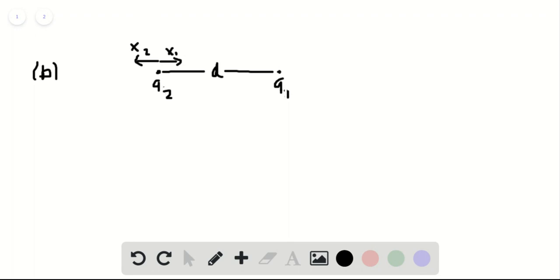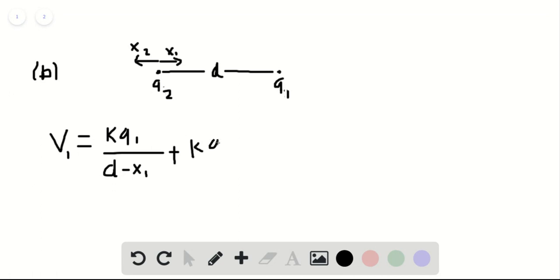Okay. So then the potential at location 1 that we're going to calculate, we'll call this V1, is going to be equal to the constant K times Q1 divided by, and potential goes as inversely proportional to distance, so this is going to be d minus x1 for Q1, right? Plus K times Q2 divided by the distance x1. And then we want to know where this is equal to 0.